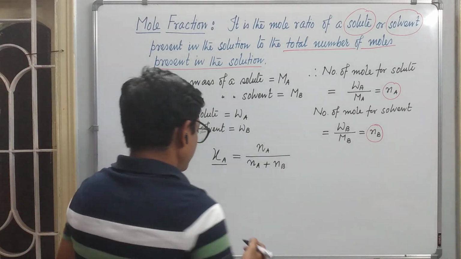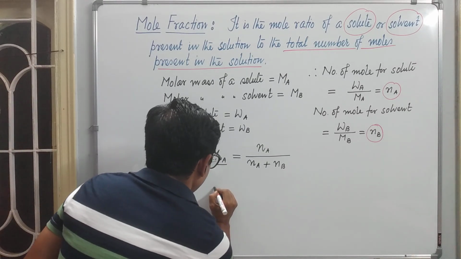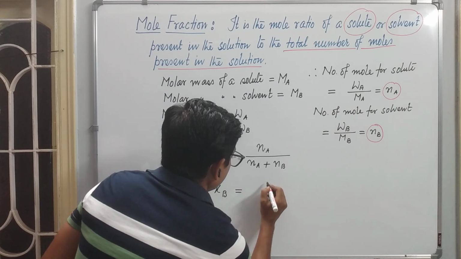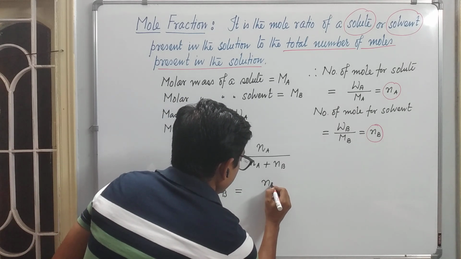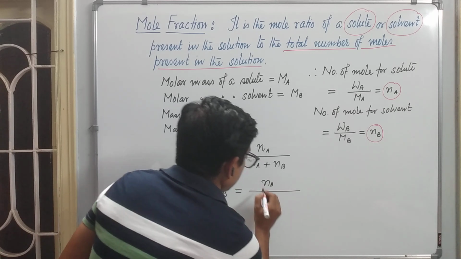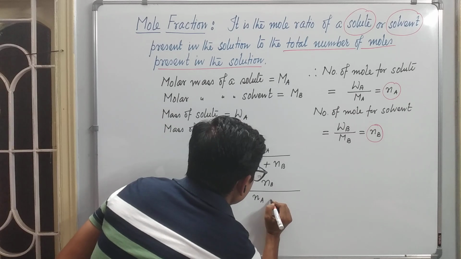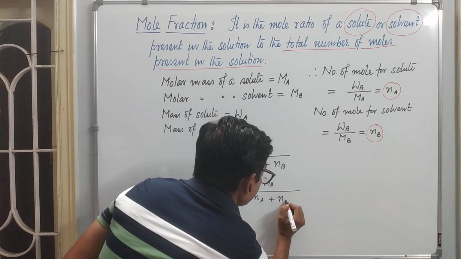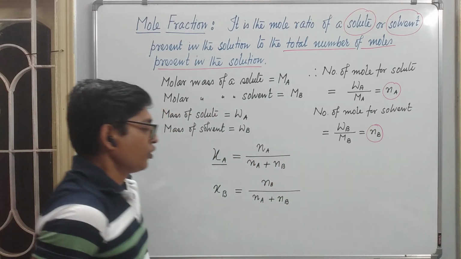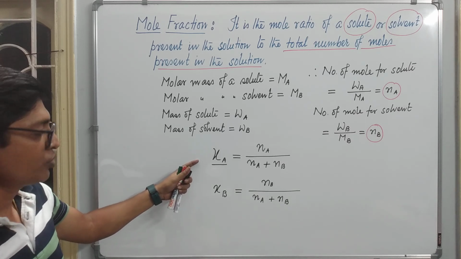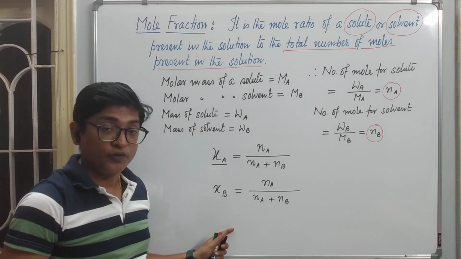Similarly, if you want to write it for the solvent, you can write it like this. In this case, we take NB, the number of moles of the solvent, divided by NA plus NB. In that way, we can easily calculate the mole fraction not only for the solute but also for the solvent.